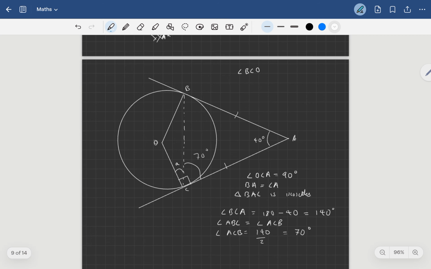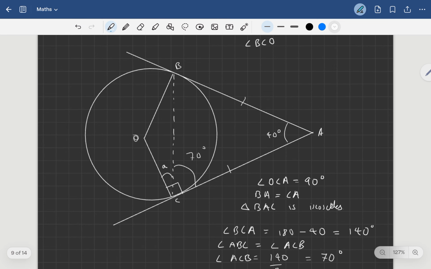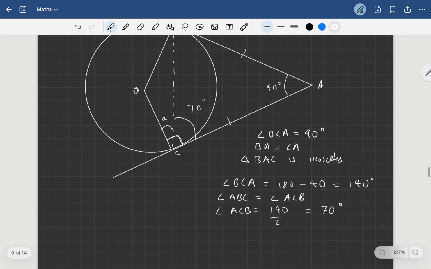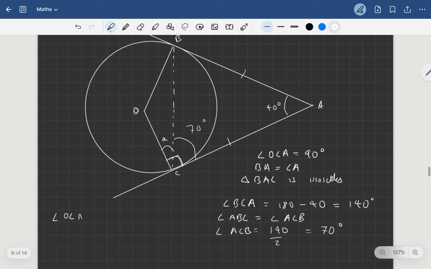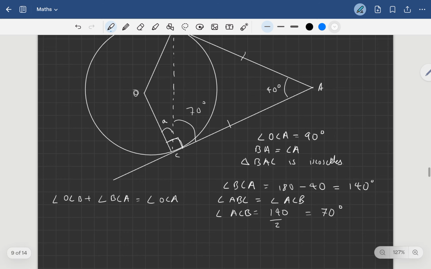Now look over here. It seems that angle A plus 70 degrees makes the right angle. So angle OCB plus angle BCA equals angle OCA. Now, let's substitute the values that we know.